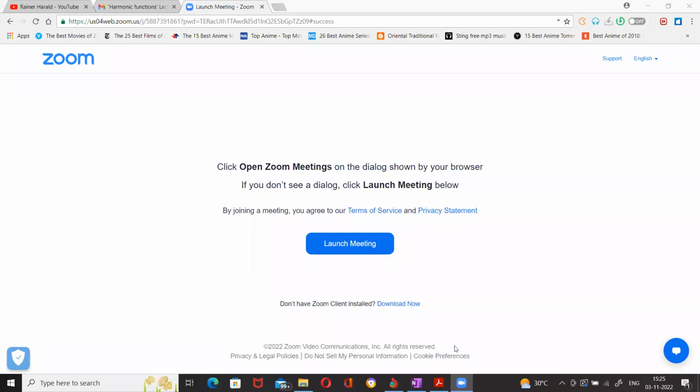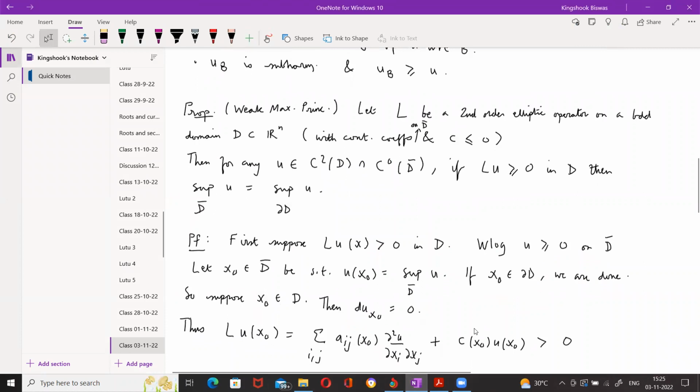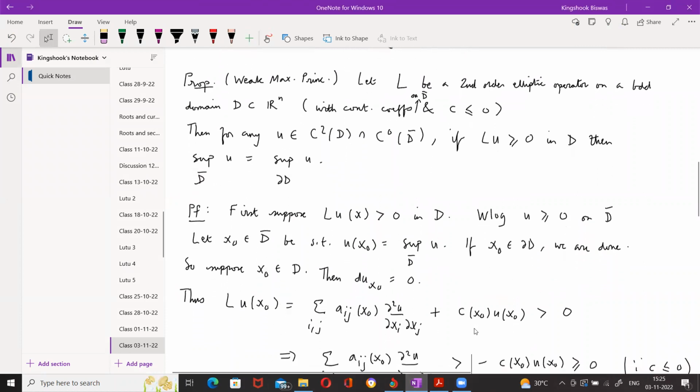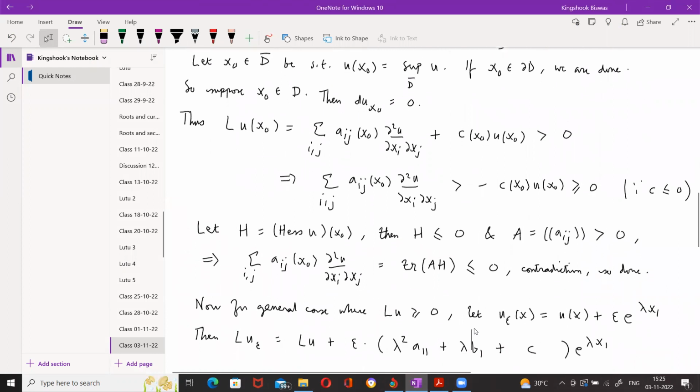Even in Rn, for subharmonic functions, there's a representation theorem. It's also called the Riesz representation theorem, if I remember.